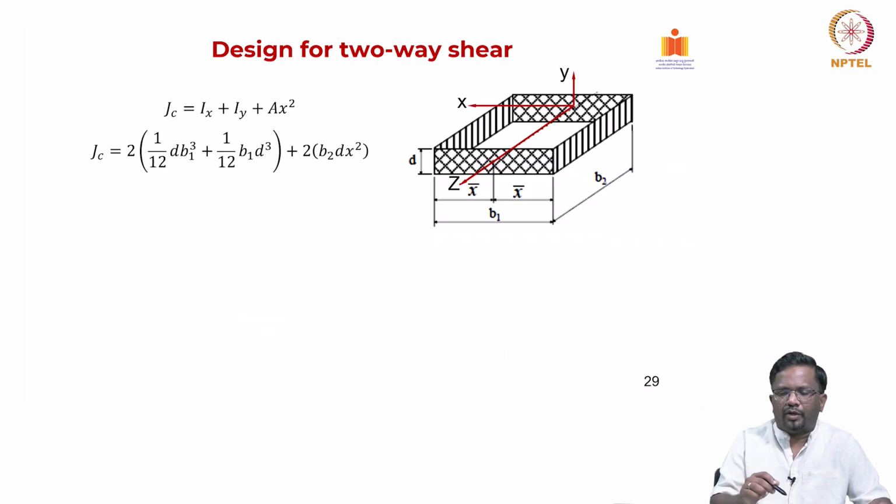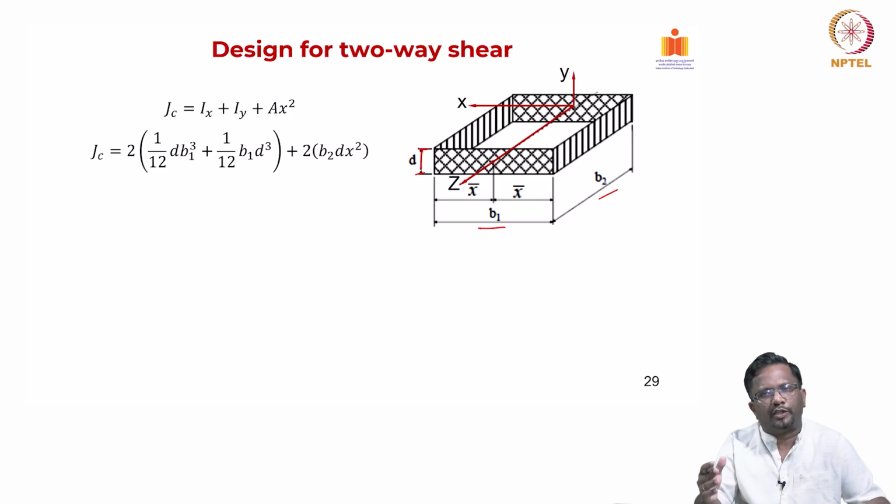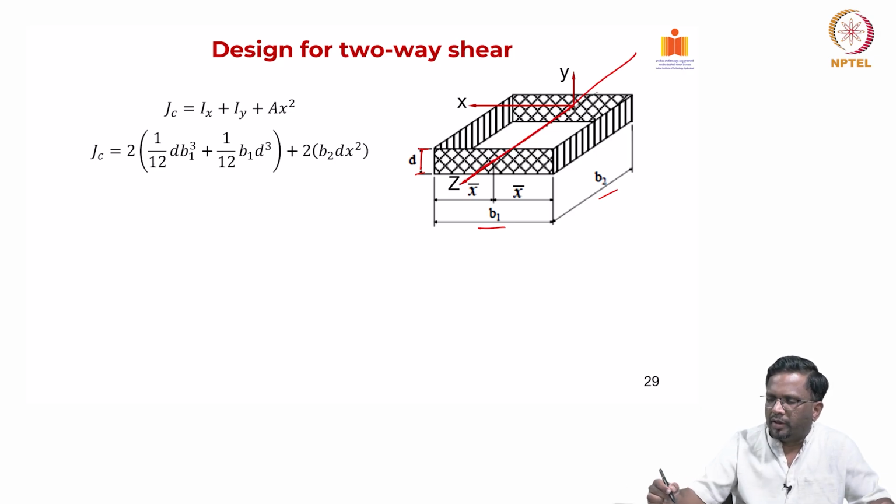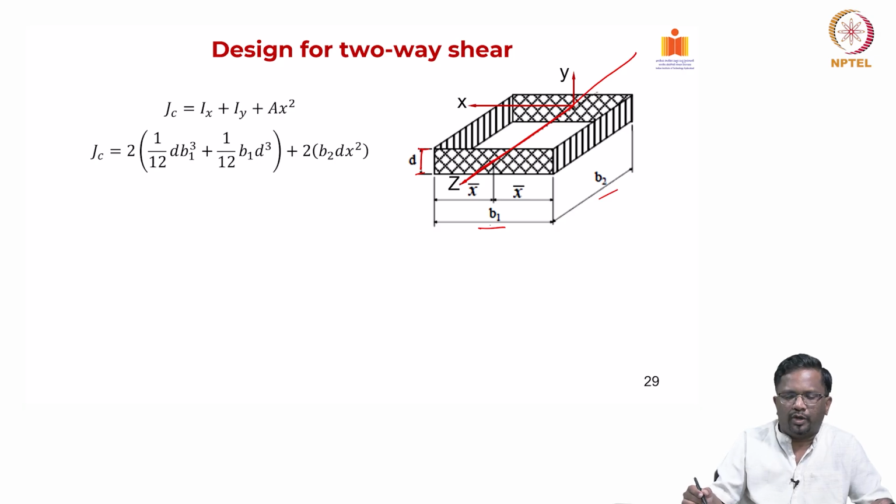Right. Okay. The polar moment of inertia, I think you can see that we can calculate for this particular interior column geometry. Let us say this is B1 and B2, the critical perimeter width, and your effective depth is D. Then JC is nothing but Ix plus Iy plus the area into distance square, right. So, now the areas you can see here, if I am talking about one axis, which will be B2 into D, because the axis is passing through this B1, right.